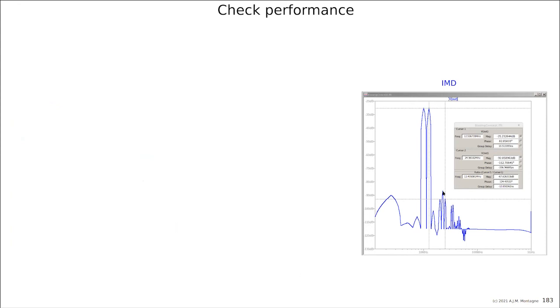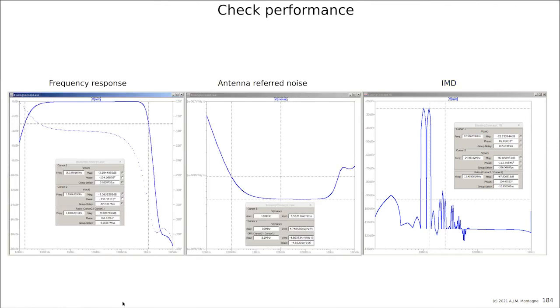This is the IMD2 component, which is higher than the other one, but it's not 10 dB higher, and we are here at minus 67. So this will probably reduce to minus 60 if I would have put the cursor in the right place. So here we have the three graphs that show us at this point that our amplifier is good enough and we can go to the next step.